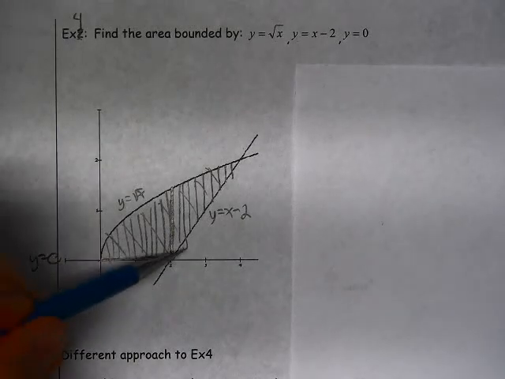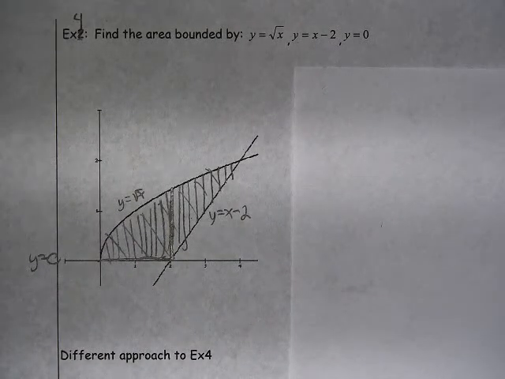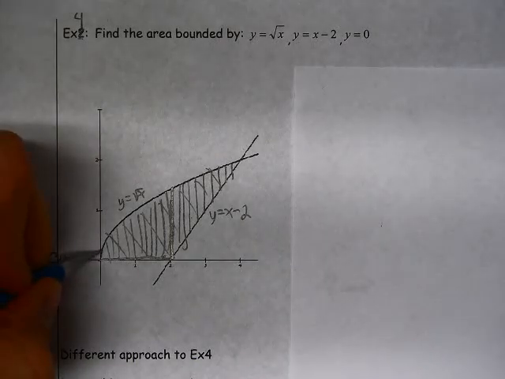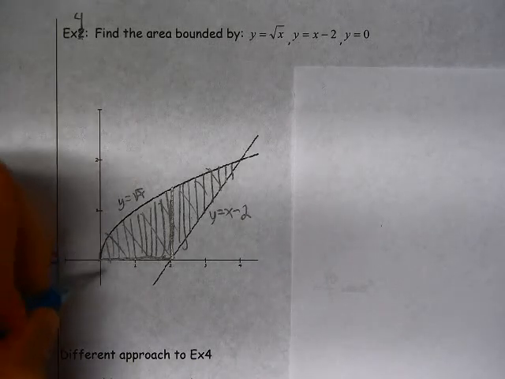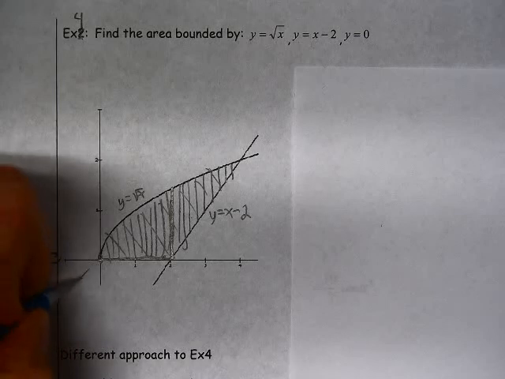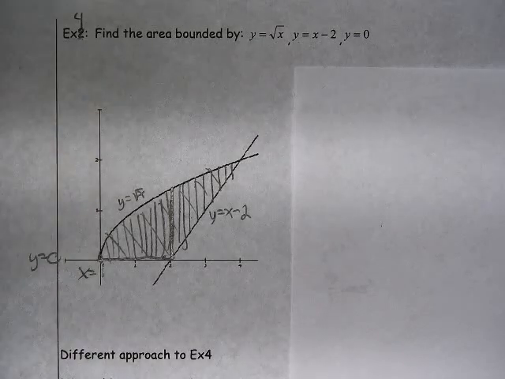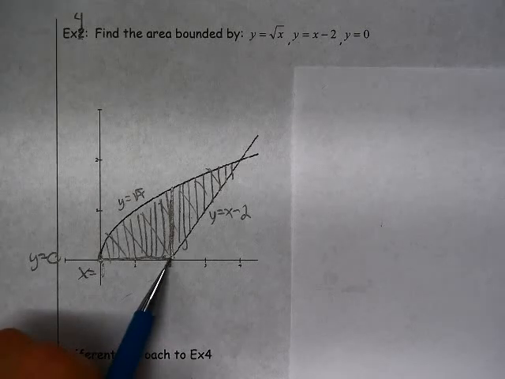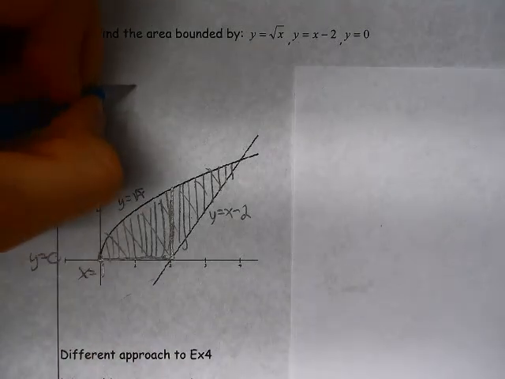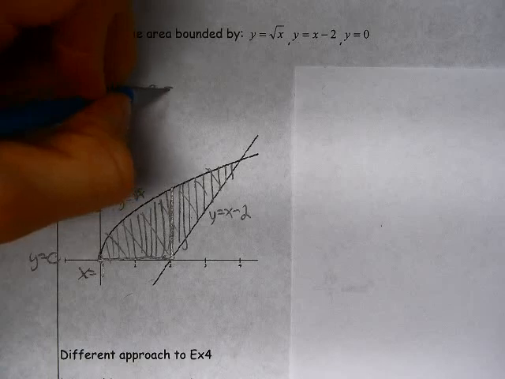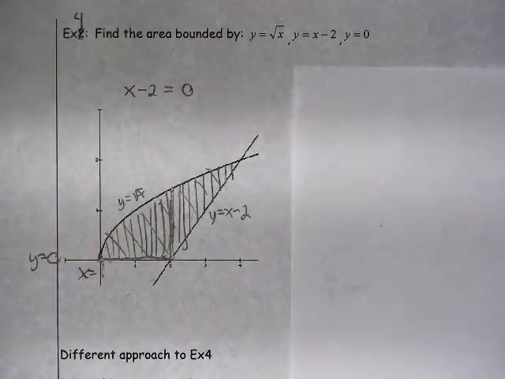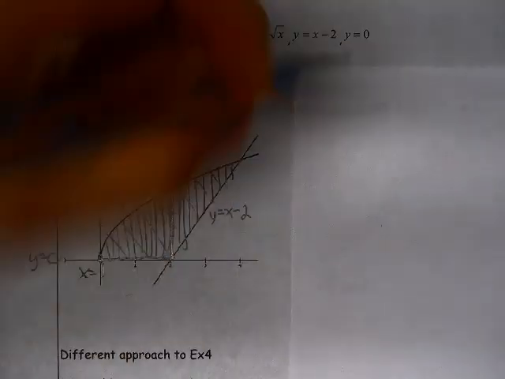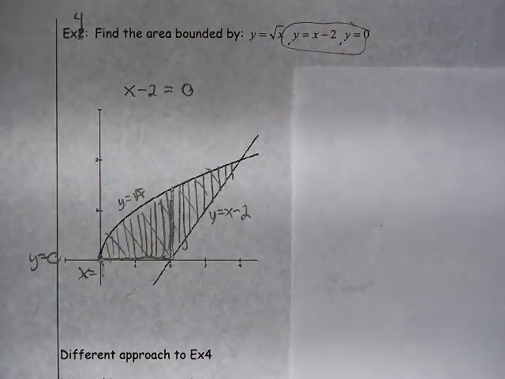I can estimate them based on this graph, but I really need to think hard about, okay, well, here this is the square root of x, so I know that this is x equals 1. Right? This is the place at which x minus 2 intersects the x-axis. So it's when these 2 functions are equal to each other.